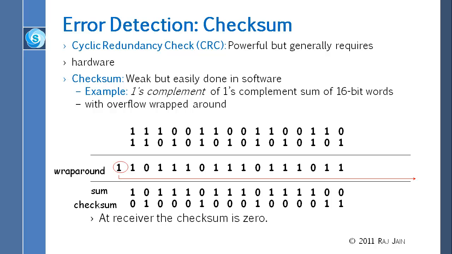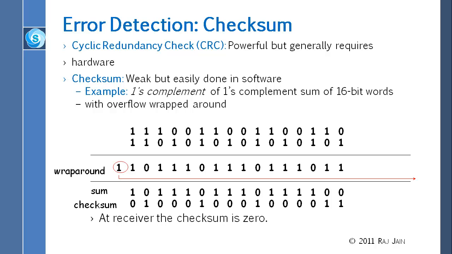And then you create a sum. So 0 plus 1 is 1, 0 plus 1 is 1, and 1 plus 1 is 0, and there is a carry. So this is not exclusive OR. This is a sum. And so there is a carry, and that goes to the next bit, and so on and so forth.